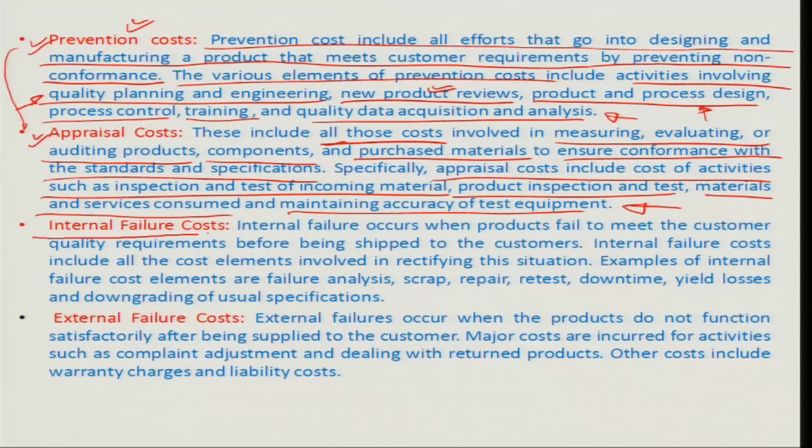There is an internal failure cost, which is related to when the product is in the production stage itself and has not yet gone to the customer. So it has not yet gone from the purview of the production unit to, let's say, the dealer or the customer, and this is a huge saving. Obviously, the internal failure cost has to come down, that is going to be the basic philosophy.